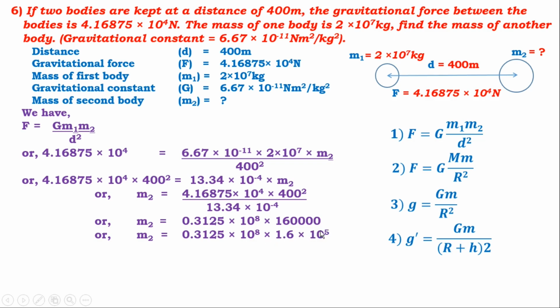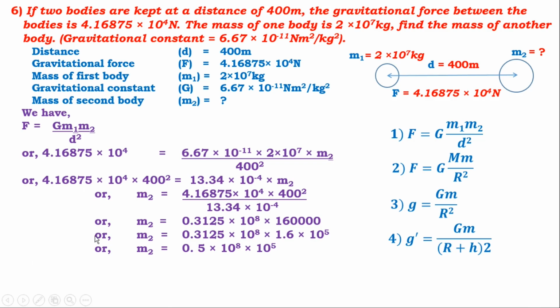Then 1.6 into 10 to the power 5 equals 160000. Now what we are doing, 1.6 is multiplied with 0.3125. When we multiply these two, then we'll get 0.5, and 10 to the power 8 remains same, and 10 to the power 5 also remains same.